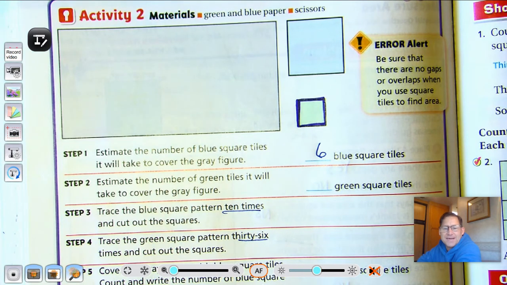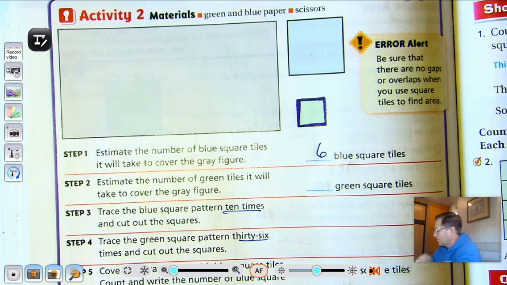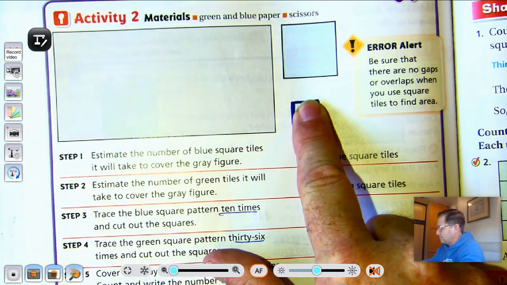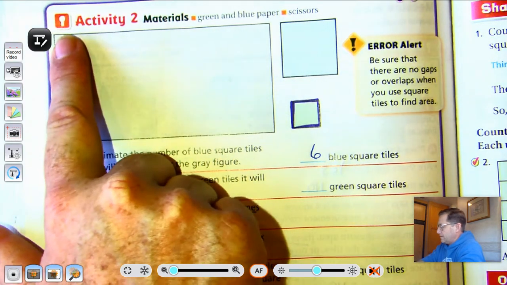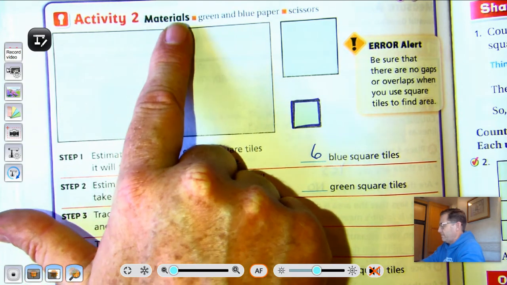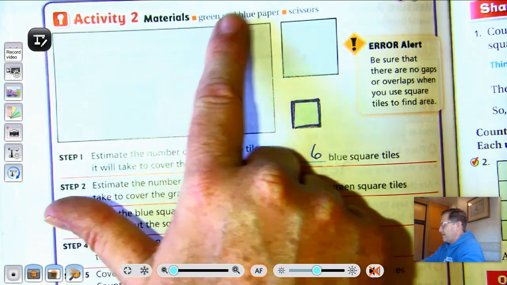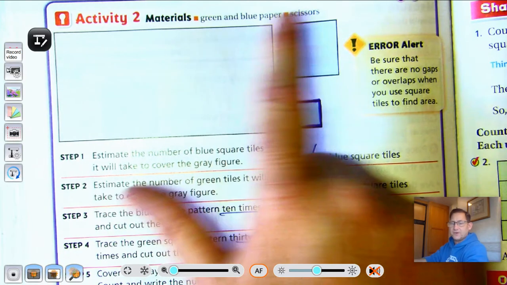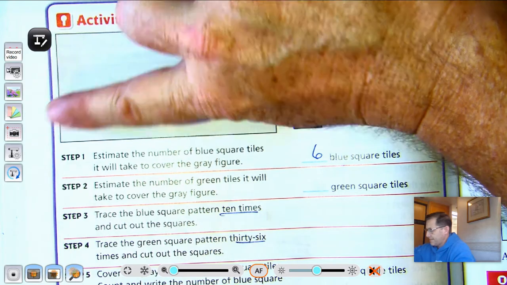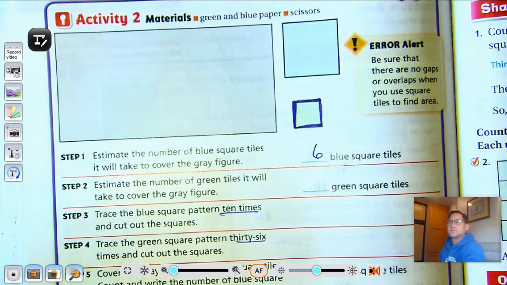Estimate the number of green tiles it will take. Okay, well, that's only 1 finger. So 1, 2, 3, 4, 5, 6, 7, 8. 8 across. 1, 2, 3, 4 down. 8 times 4.